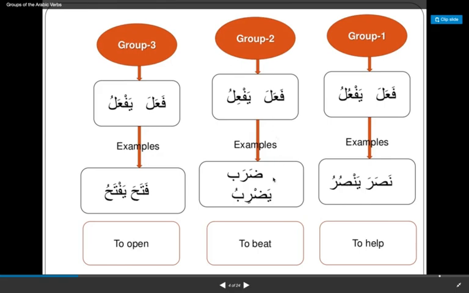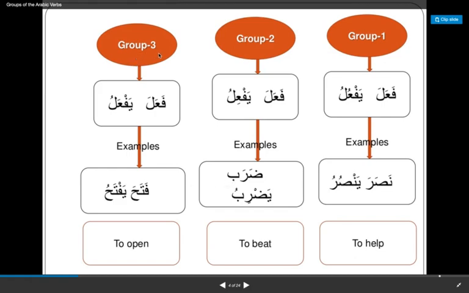That's why the harakats are very important. If you take out the harakat, you will see that group 1 and group 2 are the same, but the pronunciation has to be different, because with group 2, the third letter, the ra, will have the kasra in the present tense. However, for the first group, the third letter has a dhamma.